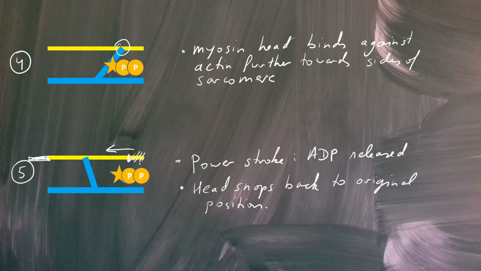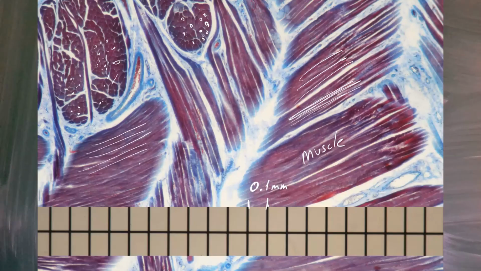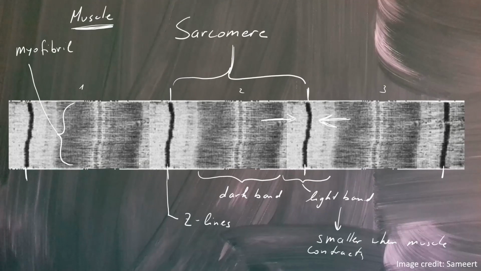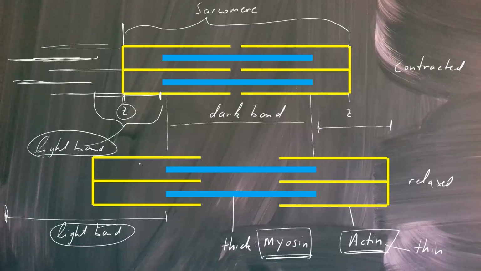Look, guys, I think this was actually it. What I've done in this more or less short lesson: I labeled a sarcomere. I've given you a schematic diagram of a relaxed and a contracted sarcomere.